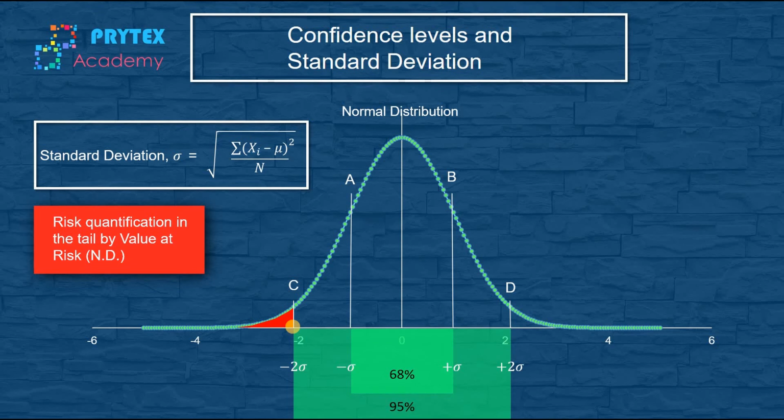That is, we'll be able to beat the market or the benchmark if we only control the risk in this tail. So how do we quantify this risk in the tail? We do that by setting a value at risk threshold, and we can do that by the normal distribution approach.